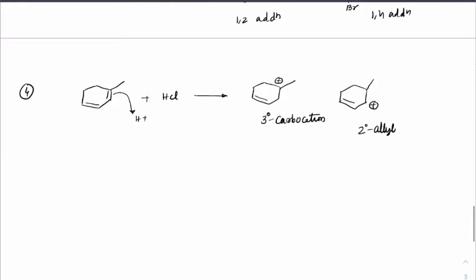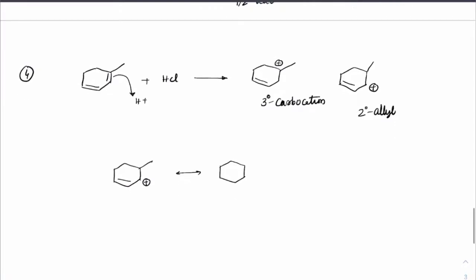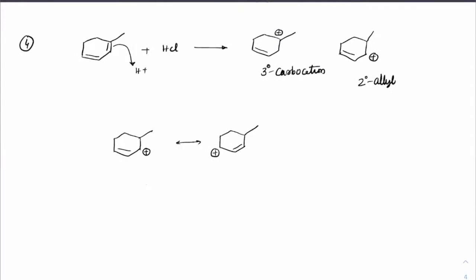Since it is secondary allyl here, it can show, let me rewrite that, a double bond with positive charge here. It can get resonance stabilization. So double bond here, positive charge here, this way. This is what you will get. Again, this is also secondary allyl.